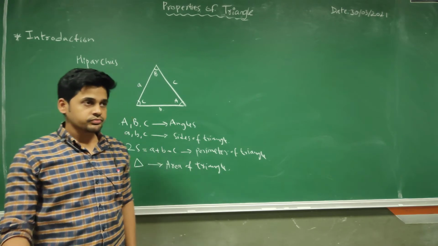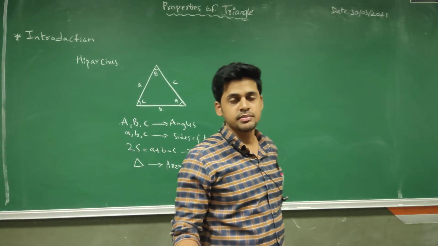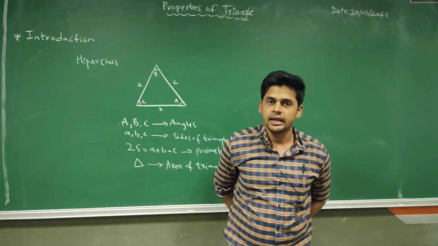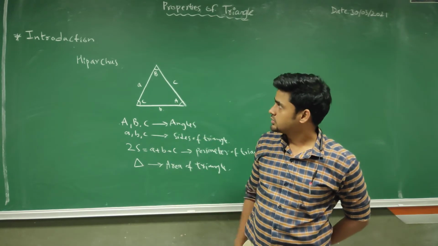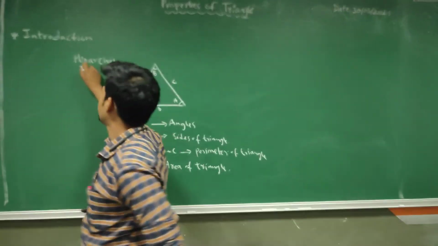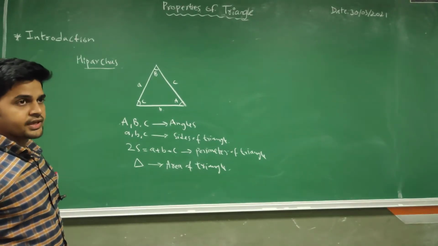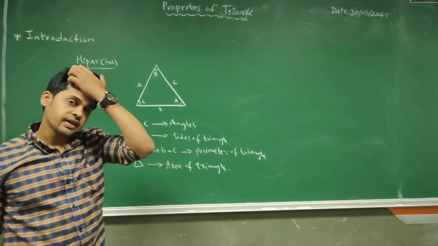Now, I was saying the purpose of this chapter is to develop some necessary rules regarding sides and angles of any triangle. The mathematician Hipparchus established some rules. As far as I know, we have 5 rules.